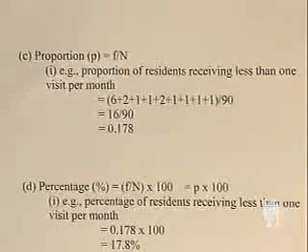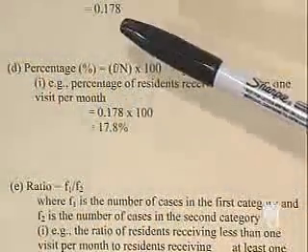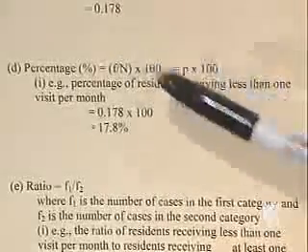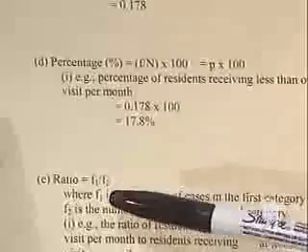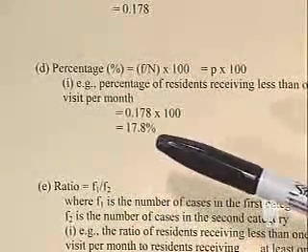If not, then let's pass on to the notion of percentage. You were required, third, to generate the percentage of residents who had received on average less than 1 visit per month. That is, you simply needed to transform the proportion, which was 0.178, into a percentage.